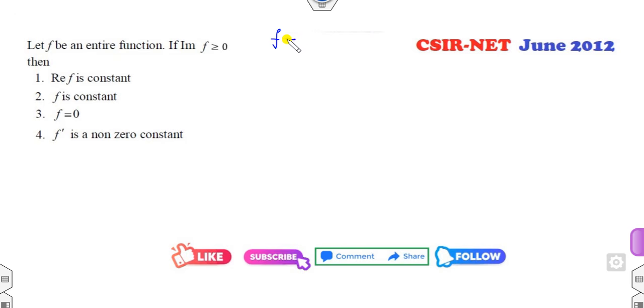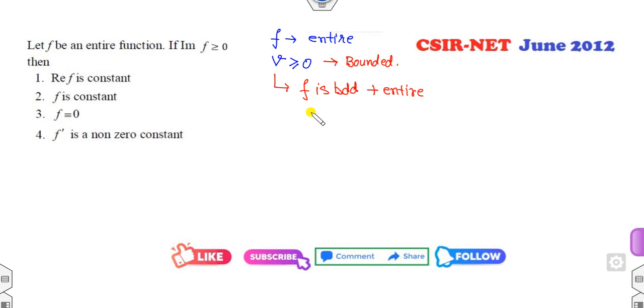F is again an entire function. The imaginary part of f, that is v, is greater than or equal to 0. What does it mean? That's bounded. If v is bounded, that means f is bounded. F is also given as entire. If f is bounded and entire, again you can say f is constant.